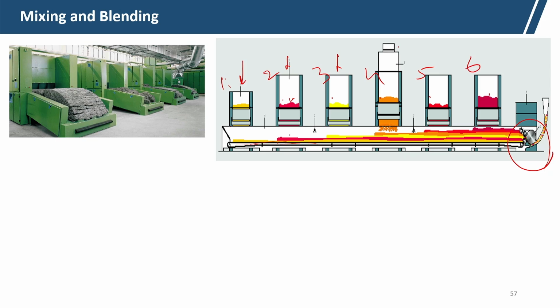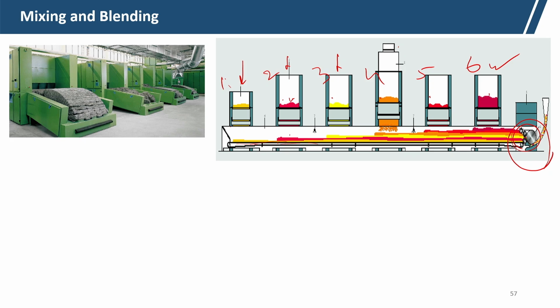So, from chamber 1 the fiber forms the lowermost layer, then above that the fiber layer from chamber 2, then chamber 3, then chamber 4, and chamber 6. From chamber 6 it forms the uppermost layer, and after that there is a blender, which actually blends all these fibers together.